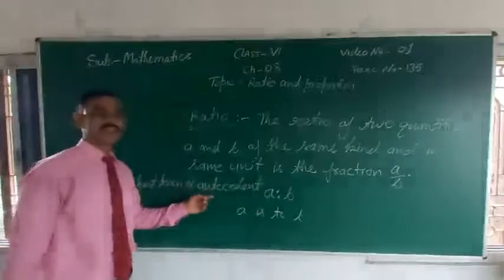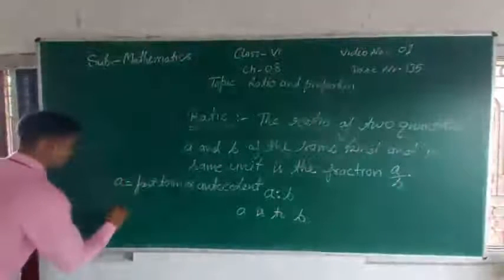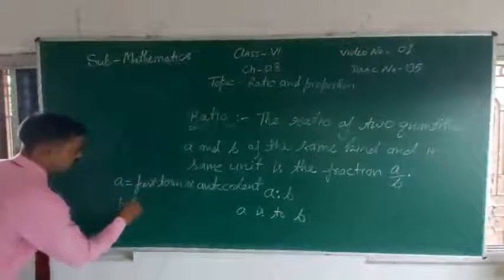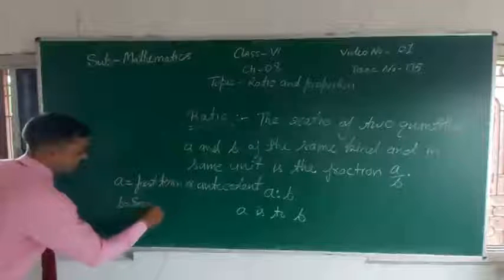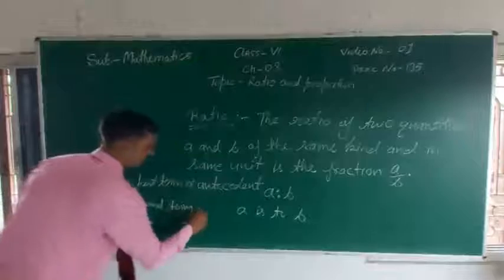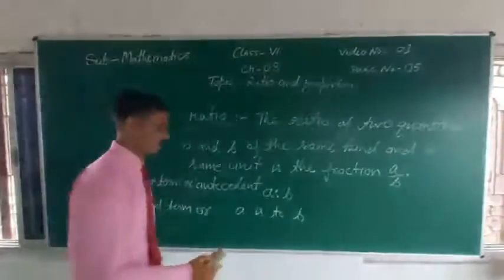For A we can use the word first term or antecedent. Clear? For B we can use second term or consequent.